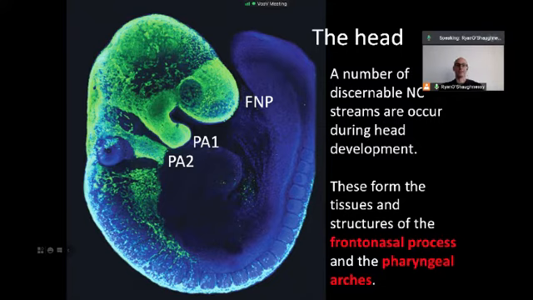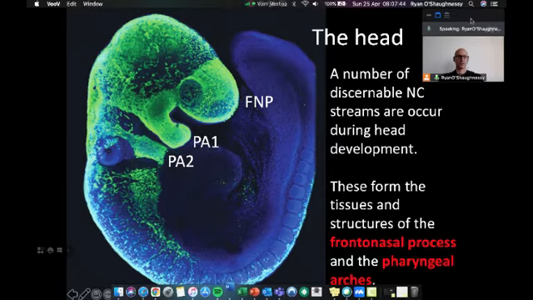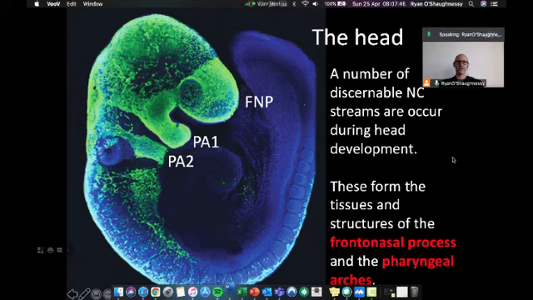In the head itself, there are a number of discernible neural crest streams that are seen during head development, and these form the structures of what's called the frontonasal process, so it's this region here of the developing skull, and the pharyngeal arches, which are these things that lie behind the frontonasal process.